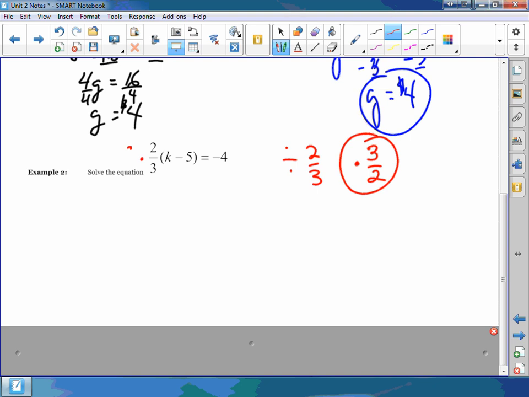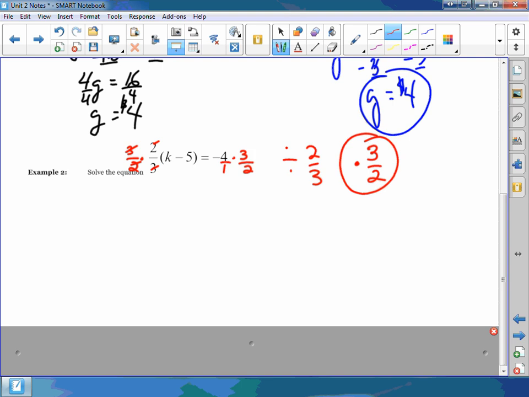So I'm going to multiply both sides by 3/2. Just do your cross-reducing there. Then I come over here and multiply this by 3/2. You might think, oh, this is looking a little bit ugly, but actually it's not.